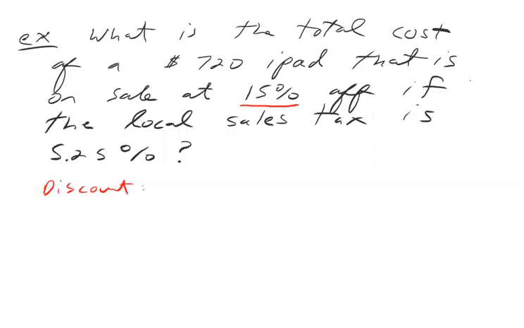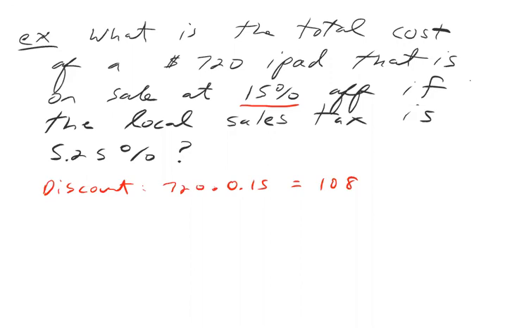The discount is going to be 720 times 0.15 since it's 15% off. Okay, and 720 times 0.15 on my calculator is $108.